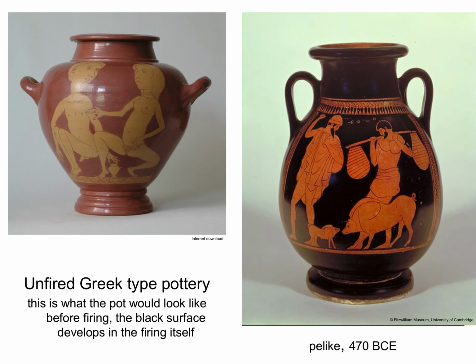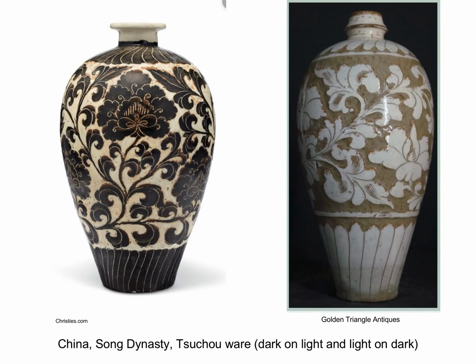And it's only in the firing that they acquired the visual quality that we see on the right on this pelike. This is clearly explained in the history section of the Art of the Future, and I won't go into more detail about it here, but there are also books about the technique of Attic pottery making, and you may want to consult those if you are more curious.